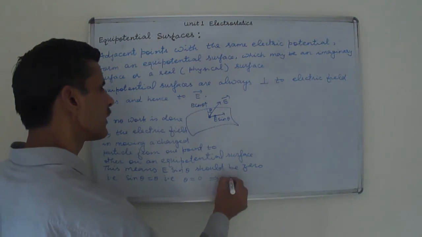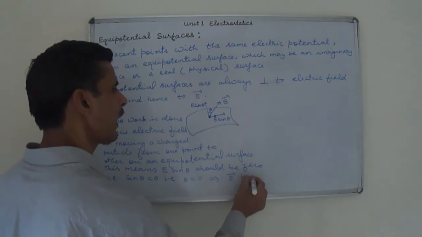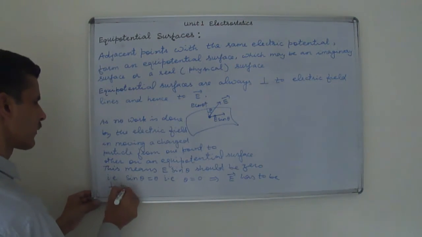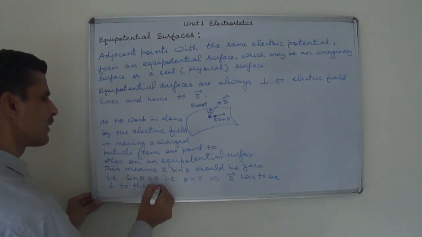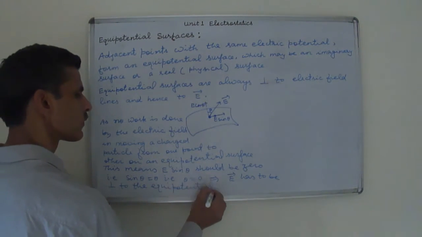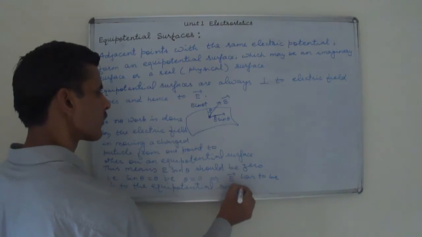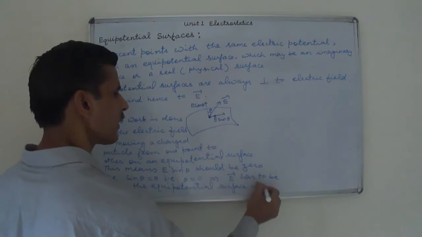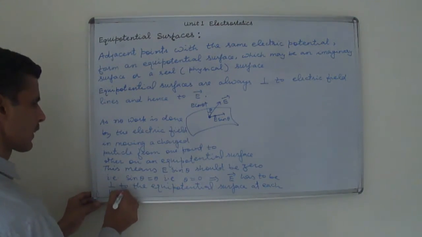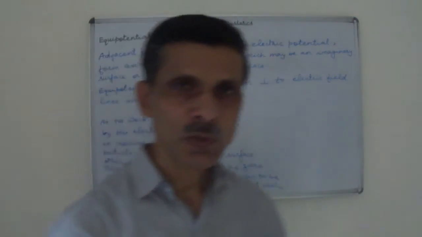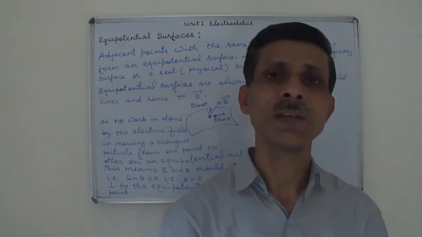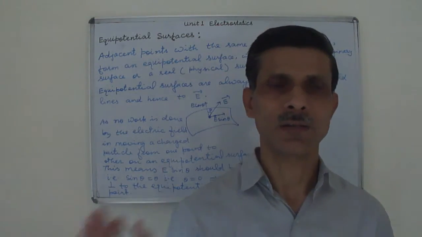This implies E has to be perpendicular to the equipotential surface at each point. So equipotential surfaces are always perpendicular to electric field lines, that is electric field vectors.